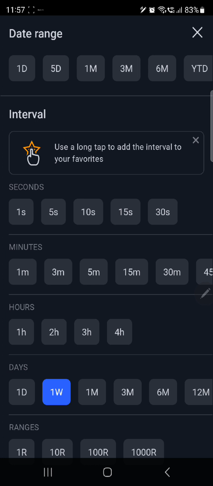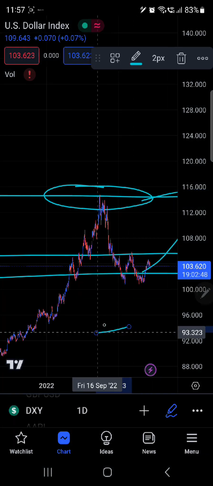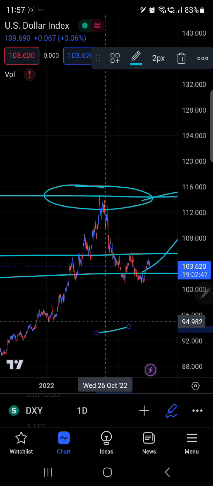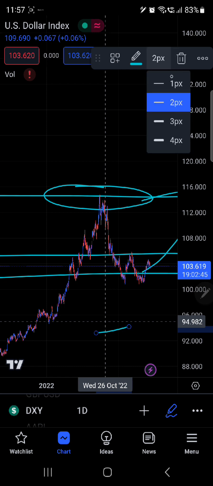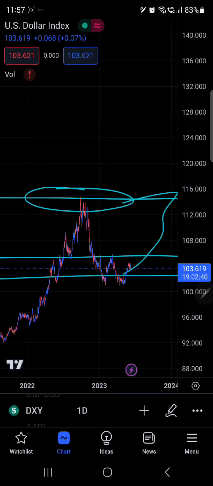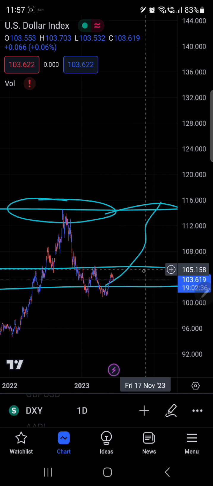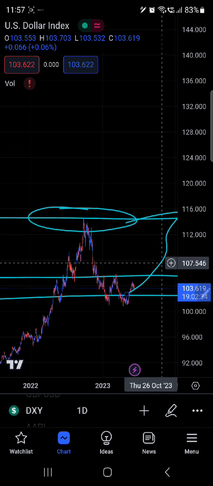Okay, let's go to the 1 day chart. Sorry. So you see here, guys, let me zoom out.